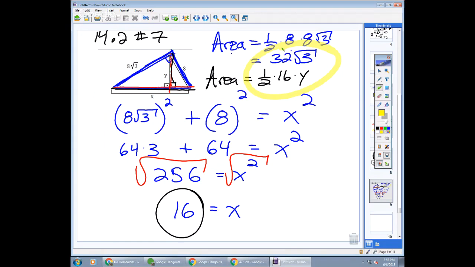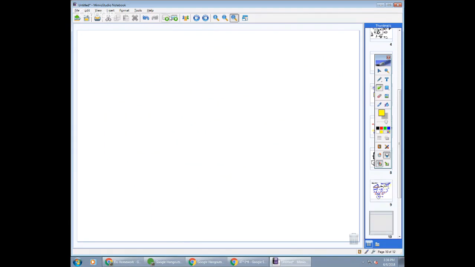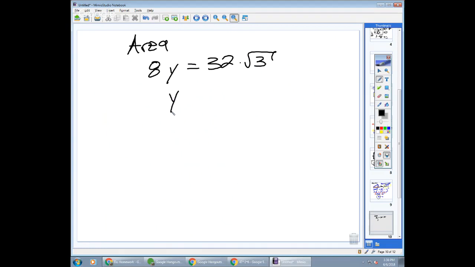So 1/2 of 16 is 8. Area-wise, 8 times y has to be the same as 32 times the square root of 3. How can we solve for y? Just divide by the 8. 8 goes into 32 4 times, so y should be 4 times the square root of 3.